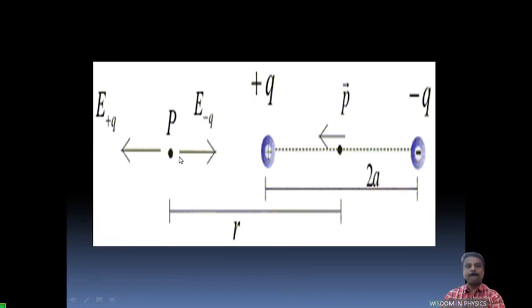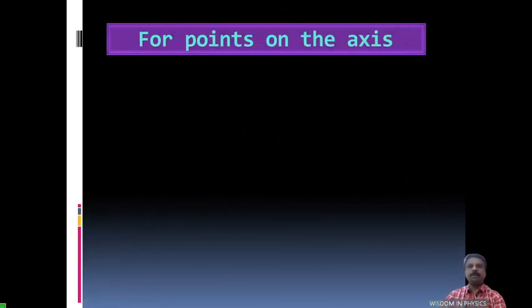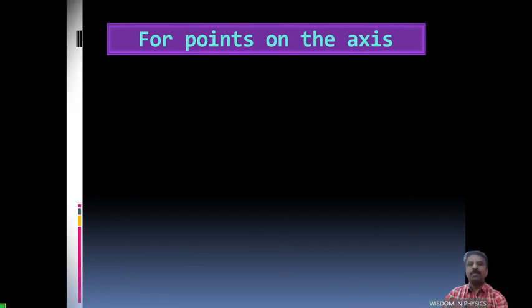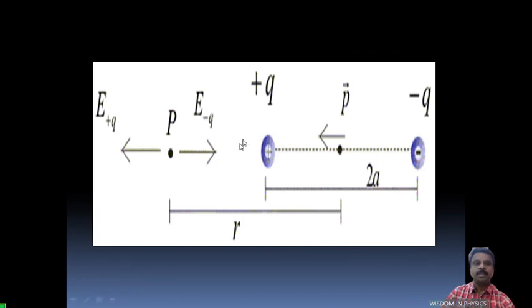Let us check. For points on the axis, let us first write the electric field due to the positive charge. Very simple: 1 by 4 pi epsilon 0, q by the distance squared. So what is the distance between the point P and the positive charge? That we have to note down here. See, the distance from the midpoint to the point is r.